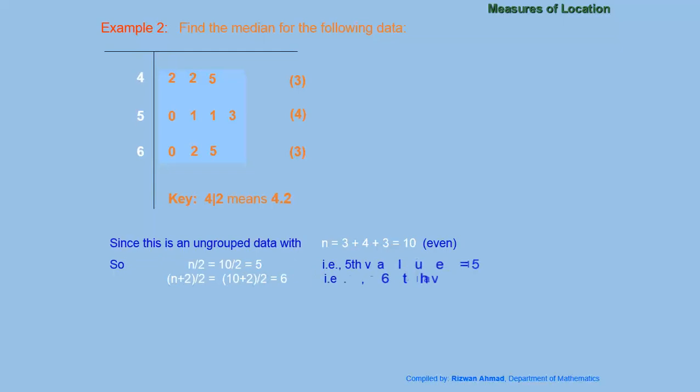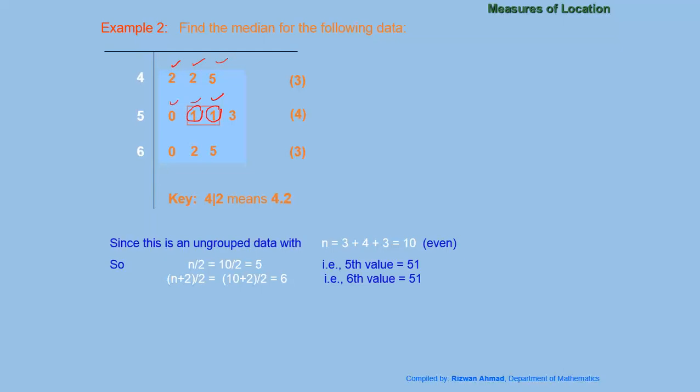So it means n over 2 and the next value. So n over 2 is the fifth value and the next value is the sixth value. So the fifth and sixth values in this one are 51 both. Like this is 1, 2, 3, 4 and 5, so this one, and then the sixth value is this one. So it is not 1 plus 1, it is actually 51 plus 51.